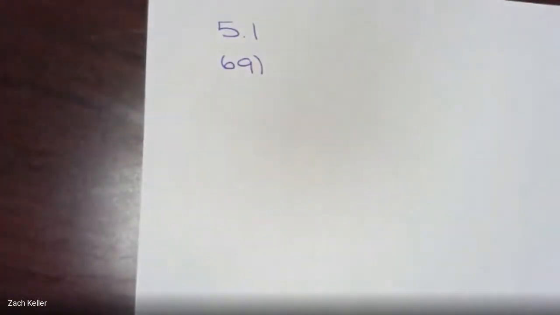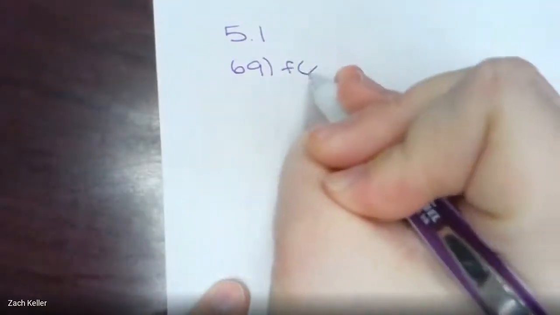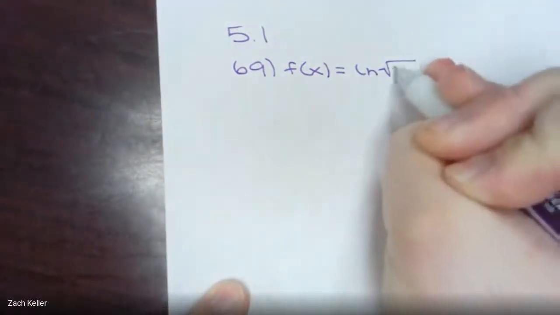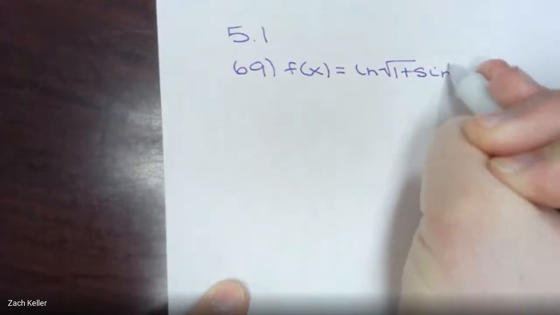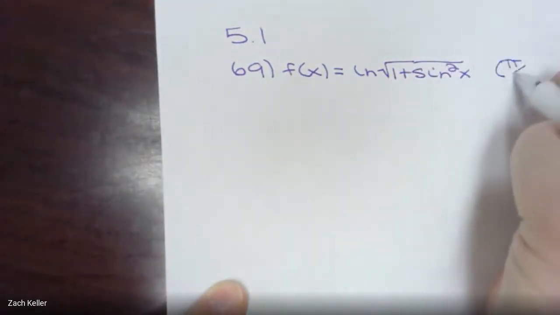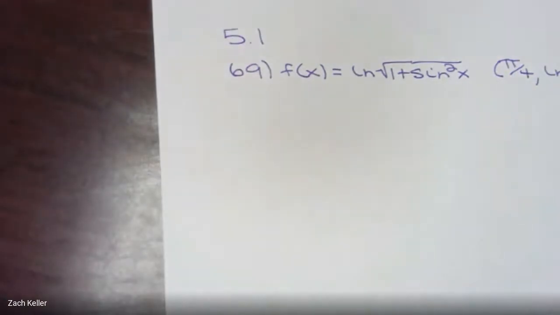Okay. So 5-1, 69. We're looking for the equation of the tangent line. Here is the original one. It goes to the point pi over 4, ln square root of 3/2. You don't have to worry about parts B and C necessarily.